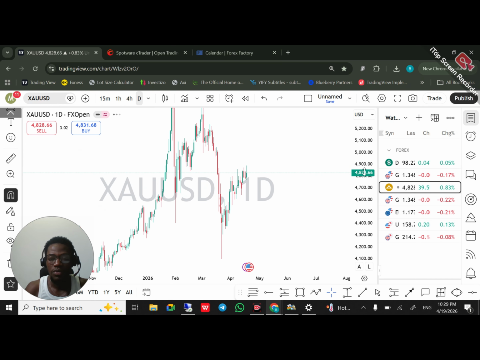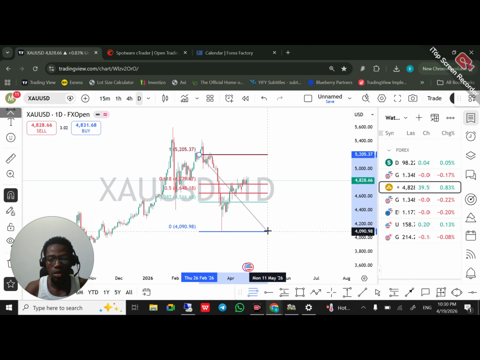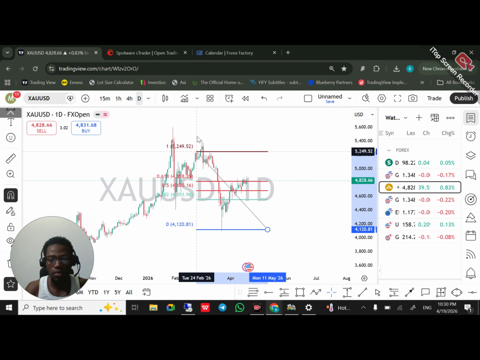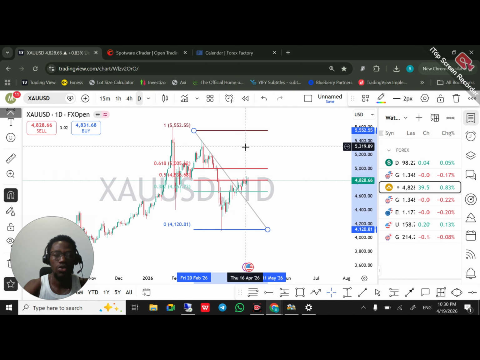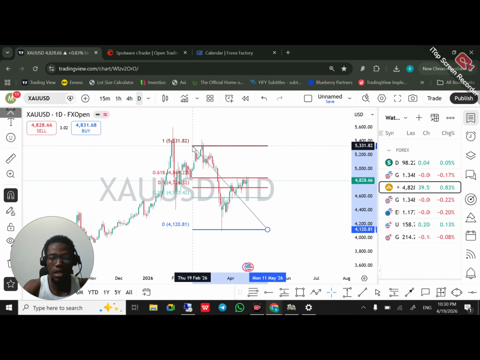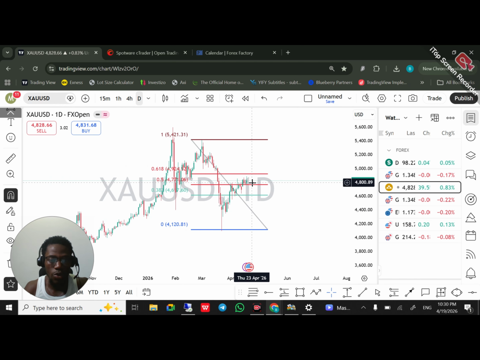From the daily time frame, we can see how this retracement pulled up, and for the past couple of weeks, gold has been very annoying, especially last week. But we've managed to climb to our Fibonacci level on gold, right here, and we need to see if gold is going to maintain its momentum. So gold is currently trading within our 50% and 61.8% level.